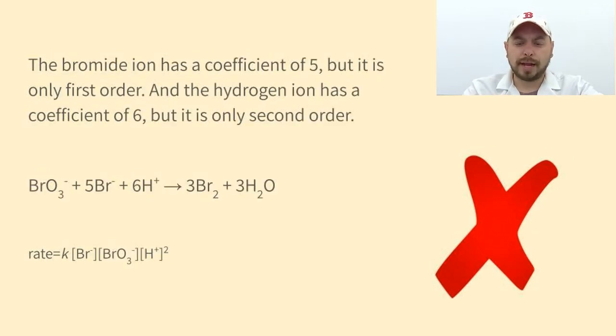And in the last one, holy smokes, the bromide ion, coefficient of 5, but it's only first order with respect to the reaction, and the hydrogen ion is a coefficient of 6, and it's only second order. Oh no, okay. There's got to be something else going on. There's got to be more to this situation. That thing, which I'm referring to, is going to be what we talk about today.